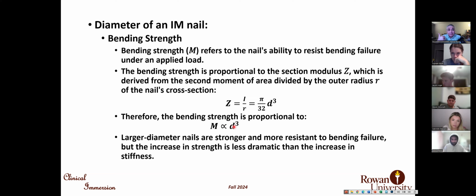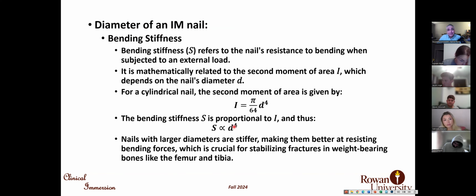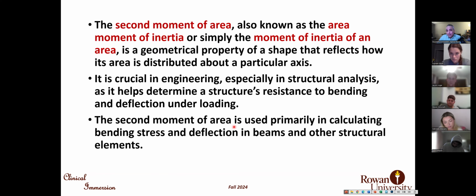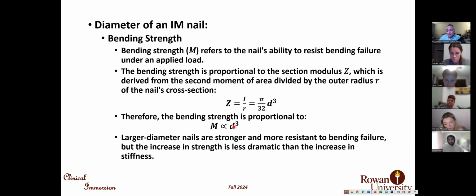The bending stiffness was the ability to resist bending, any amount of bending. But when the bending is severe and the nail wants to fail, the ability to resist this failure is called bending strength. And it is proportional to the third power of diameter.